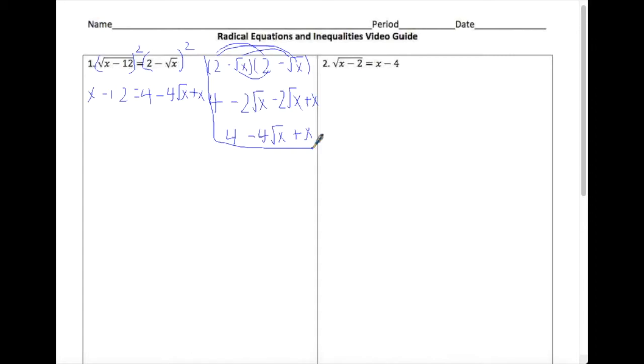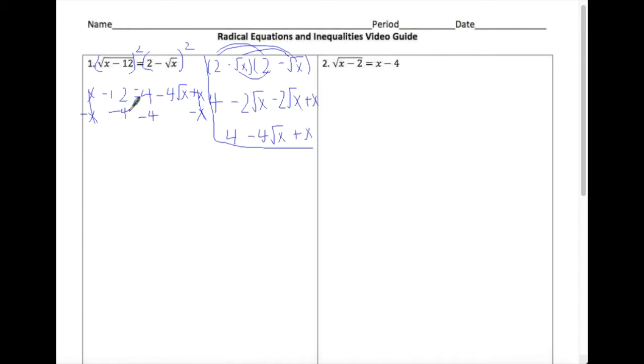And then from here, notice our original equation had 2 square roots, and this equation now only has 1 square root. So I'm going to get that square root on one side by itself and then square both sides again. So I can subtract x from both sides, and conveniently that cancels out. And I can subtract 4 from both sides.